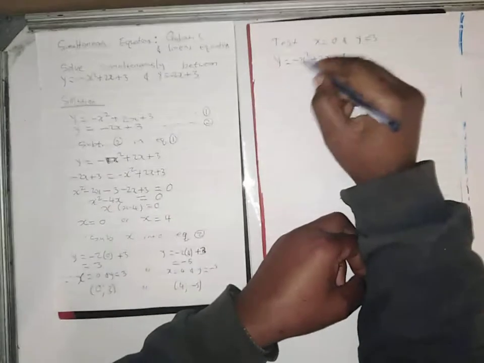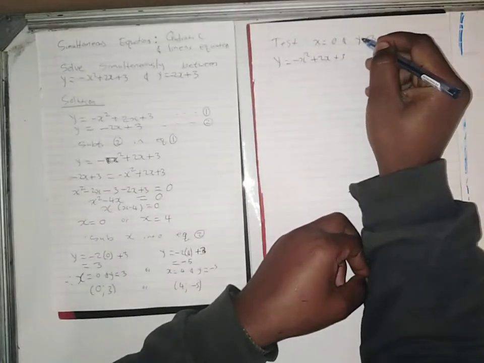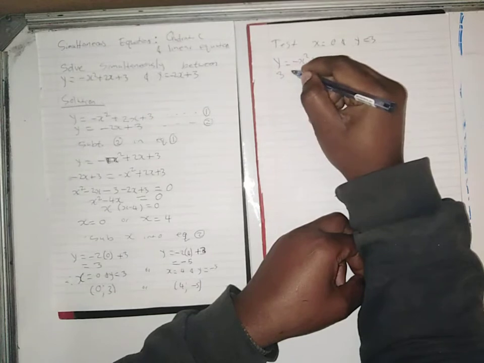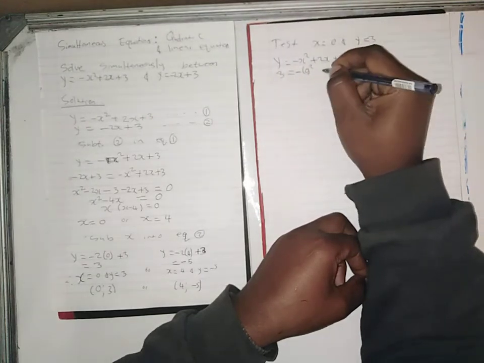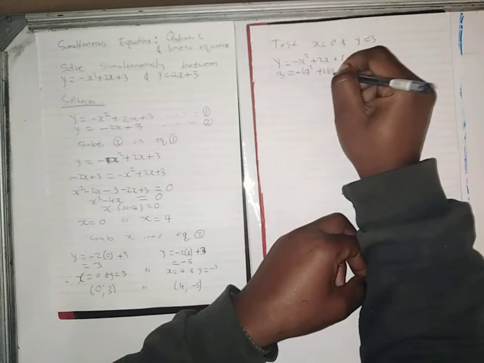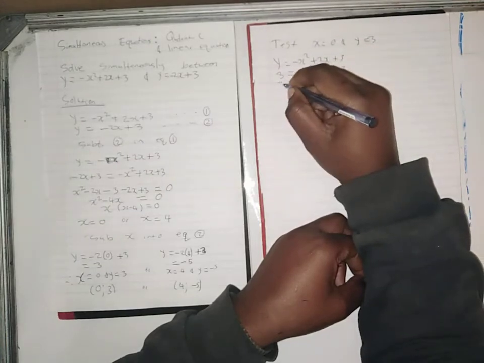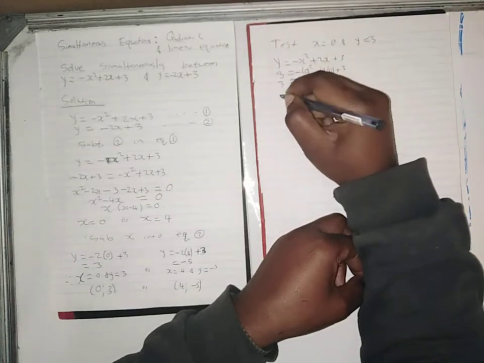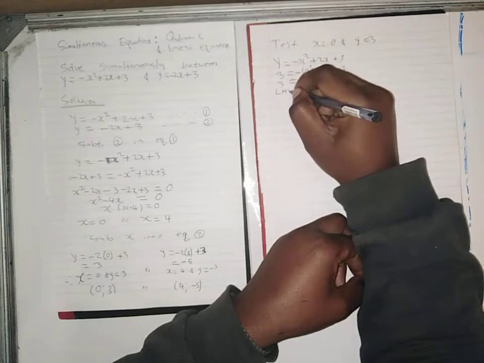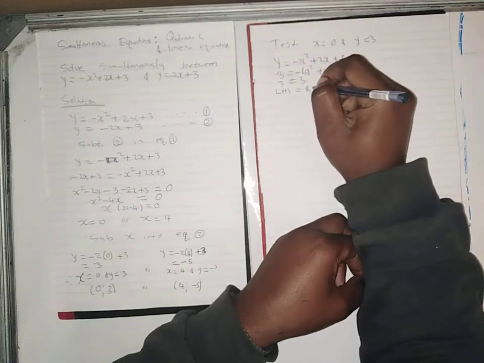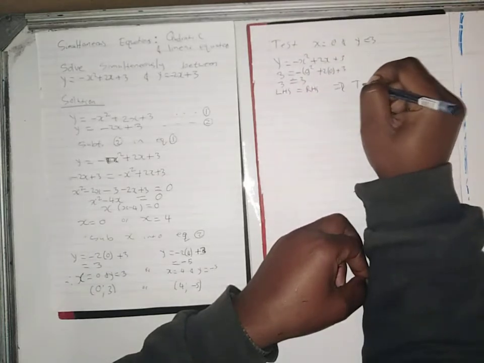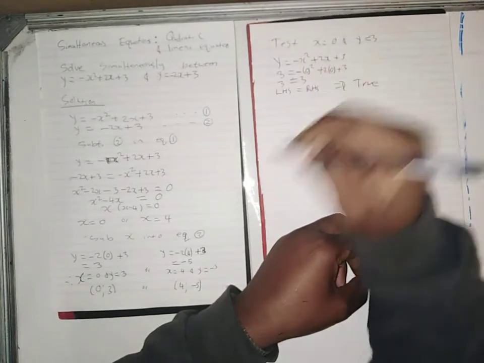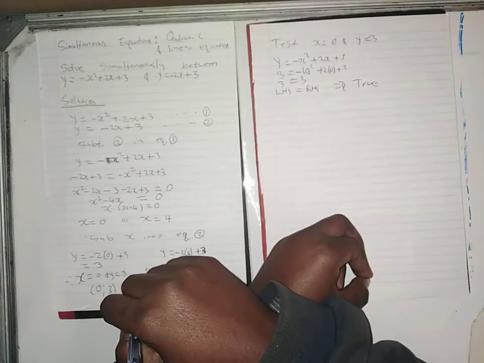Okay, so in place of y is 3. And then minus, and then 0 squared plus 2 times 0 plus 3. So we've got 3 is equal to 3, which means the left-hand side is equal to the right-hand side, which means my answer is what? It's true, but it's true for this equation. Let's test for the second one.